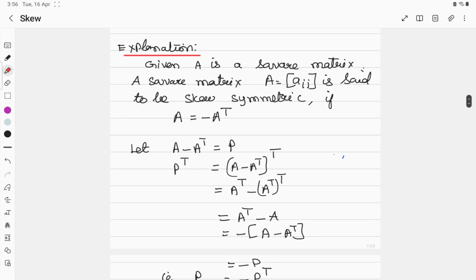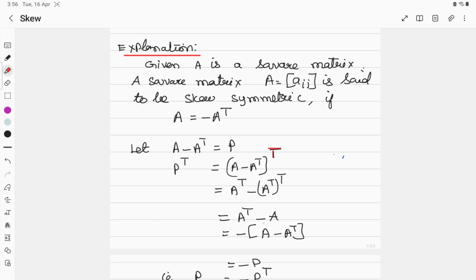So, explanation. We know that for a skew symmetric matrix, A is equal to minus A transpose. Let A minus A transpose equal to P. Therefore, P transpose is equal to A minus A transpose, whole transpose. So, it becomes A transpose minus A transpose transpose.